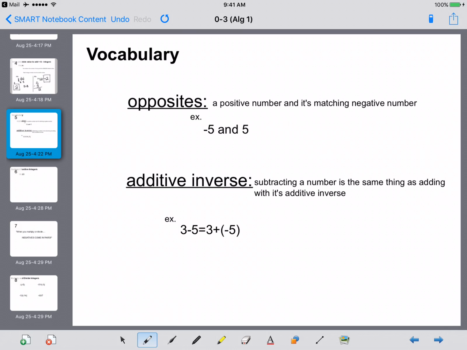Subtracting a number is the same thing as adding its additive inverse, and your additive inverse is your opposite. So 3 minus 5 is the same thing as 3 plus negative 5. And we just did that in our last problem. Our answer would be negative 2 because of our greater absolute value of negative 5.